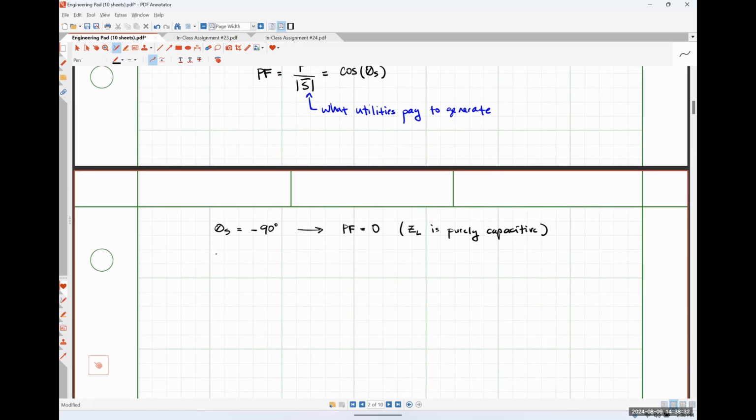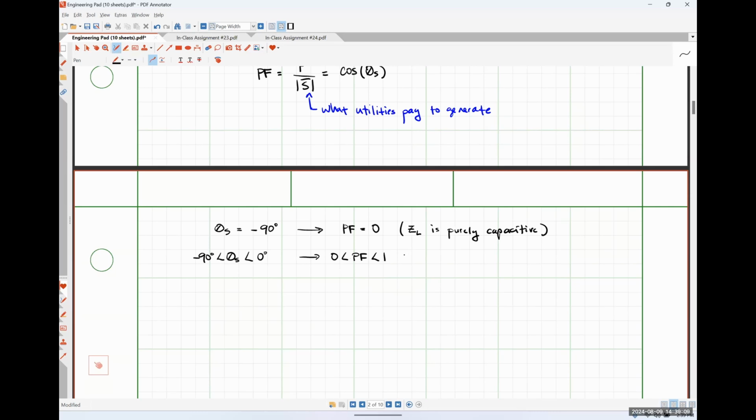So when, let me draw it this way, when negative 90 degrees is less than theta s is less than 0 degrees, then our power factor is going to be somewhere between 0 and 1, so 0 is less than our power factor is less than 1.